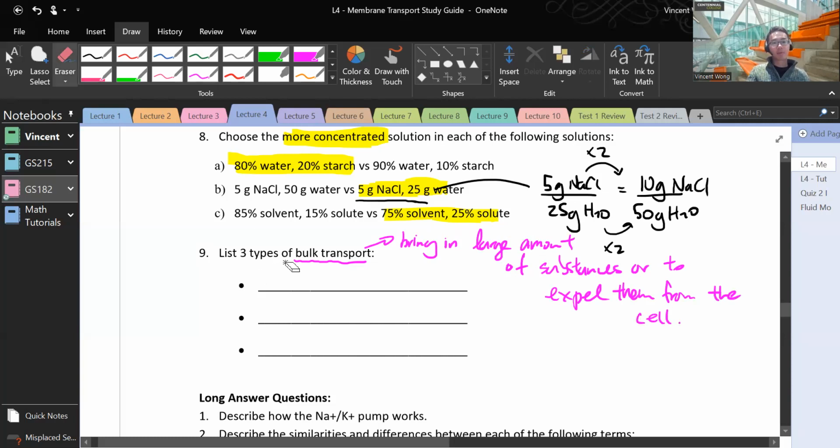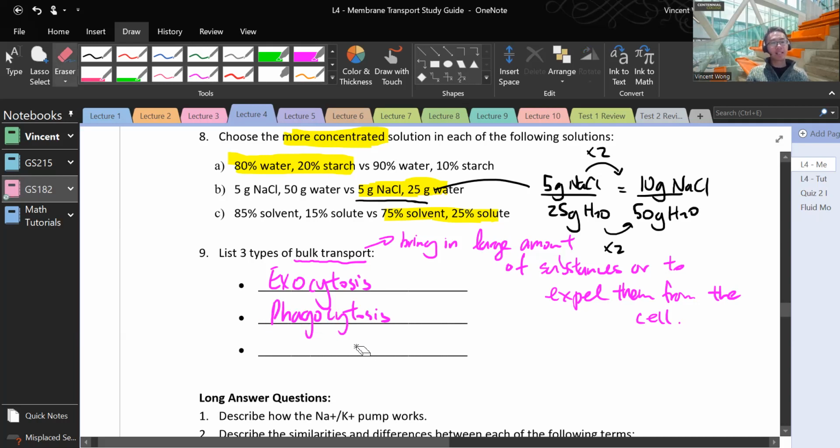So what are some examples of bulk transport? Someone on the iPhone says exocytosis. Good. Kathleen, Ryan, phagocytosis. Yeah. Okay, and then this is a type of endocytosis.